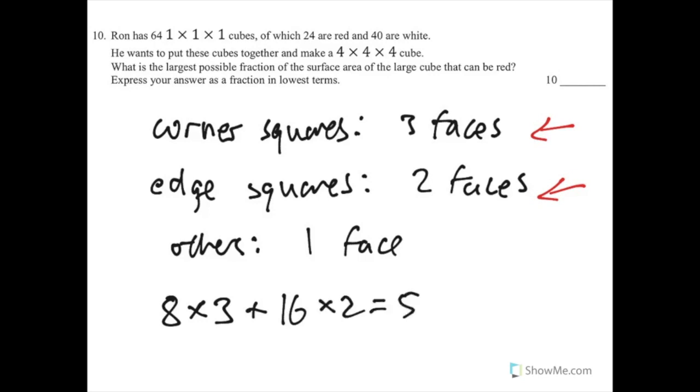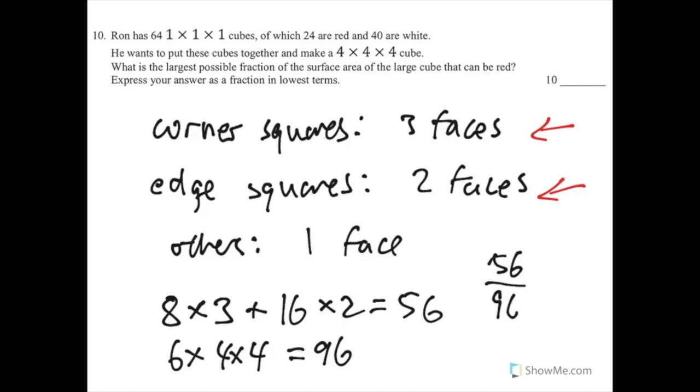This gives us 56 total faces that are red, and the total surface area of the large cube would be 6 times 4 times 4, essentially 6 times the edge length, and this gives us 96. And therefore, the final answer would be the reduced fraction after we reduce this, and we get 7 over 12. And so 7 over 12 is the final answer.